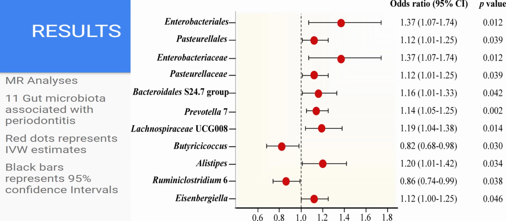That means they have negative effect or decrease the risk of periodontitis. So these two, Butyricicoccus and Clostridium 6, have negative effects, and all these 7 have more than 1, so they have positive effects.